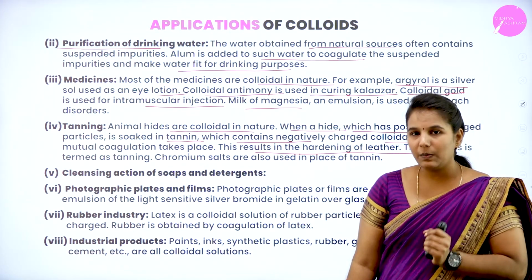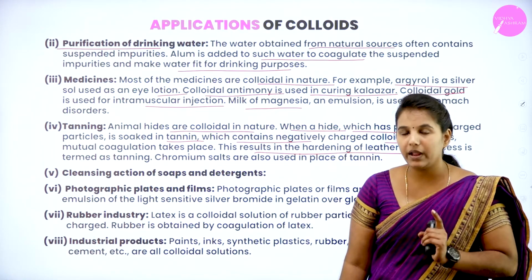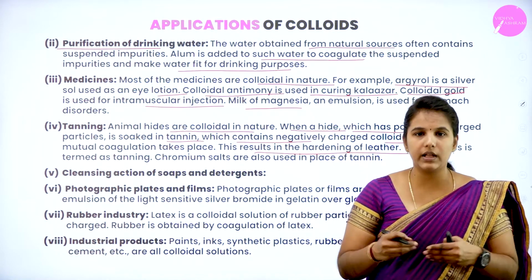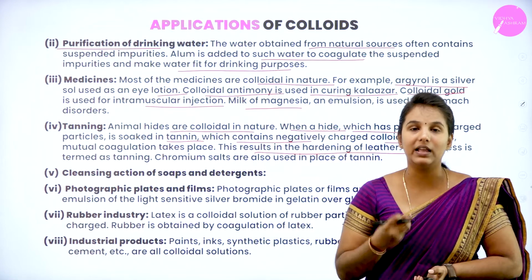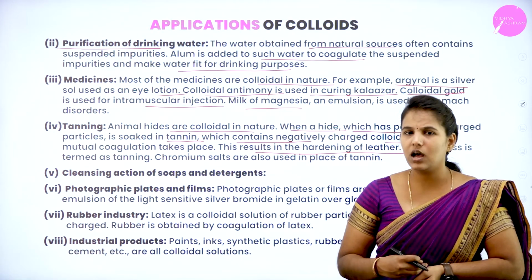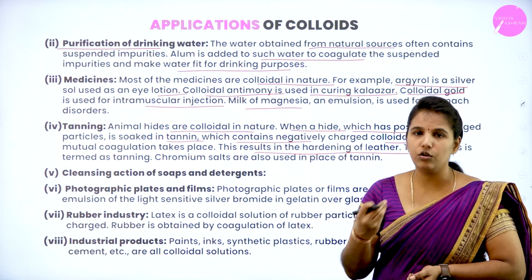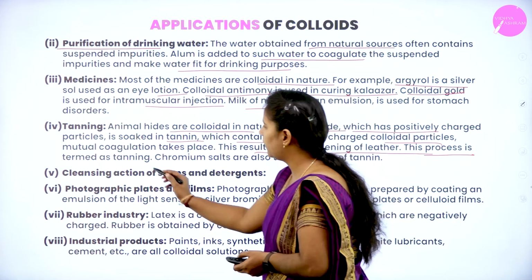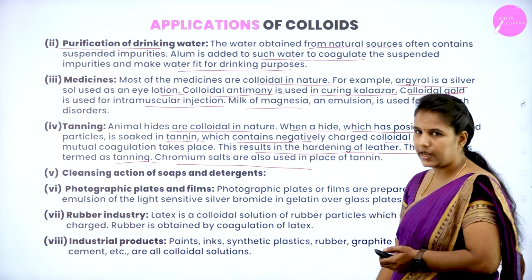So in the preparation of leather, they take the animal hide and dip it in tannin. These two are oppositely charged colloidal particles. They form a mutual coagulation, resulting in hardening of the leather. This process is known as tanning, and chromium salts are generally used for tanning.